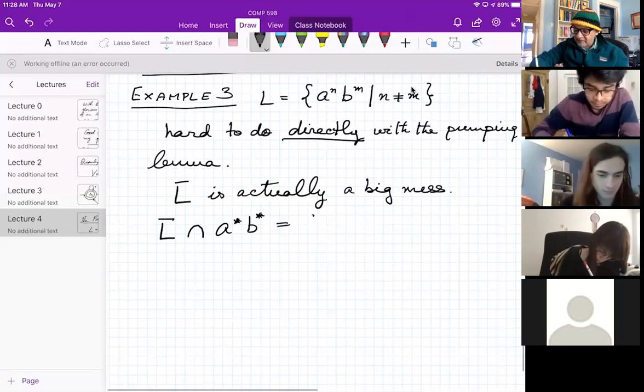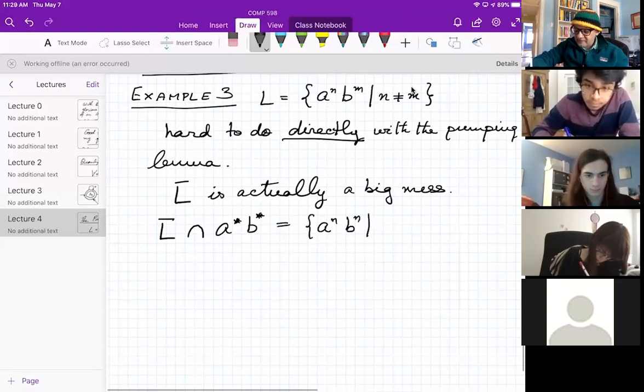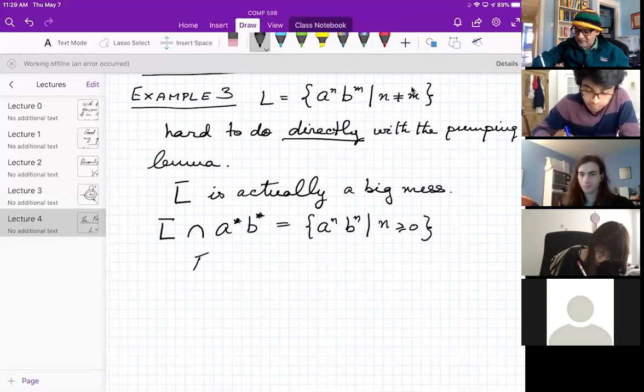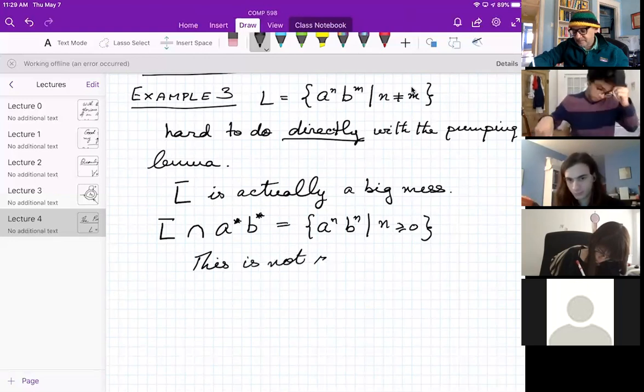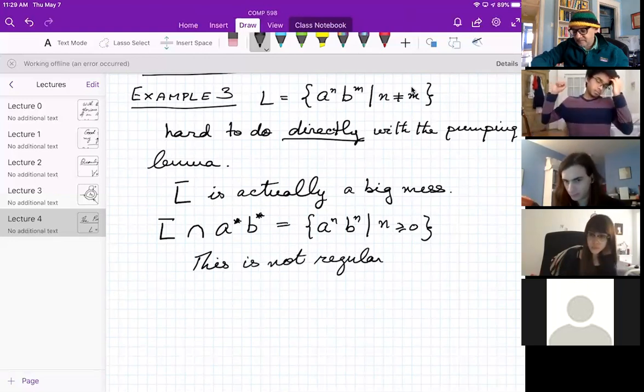So then we get exactly A to the N, B to the N. So this is not regular. So L is not regular.